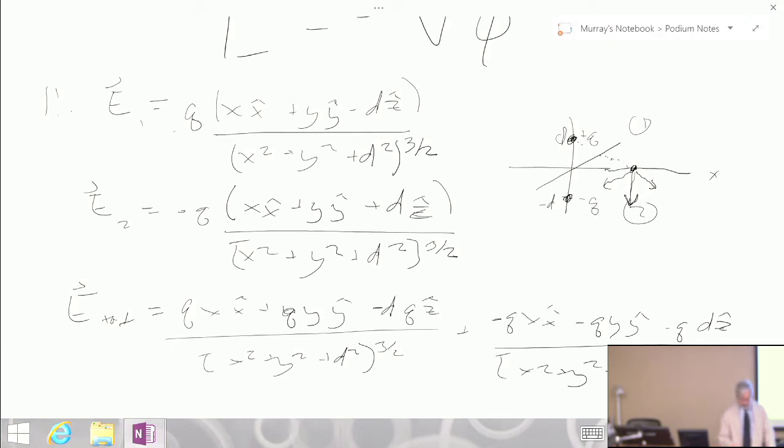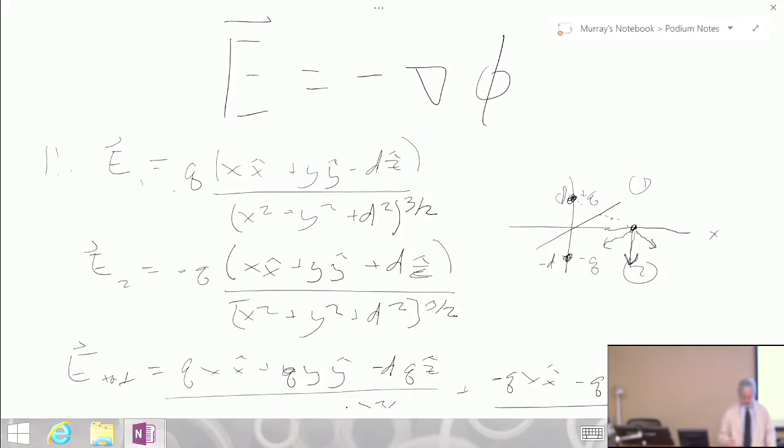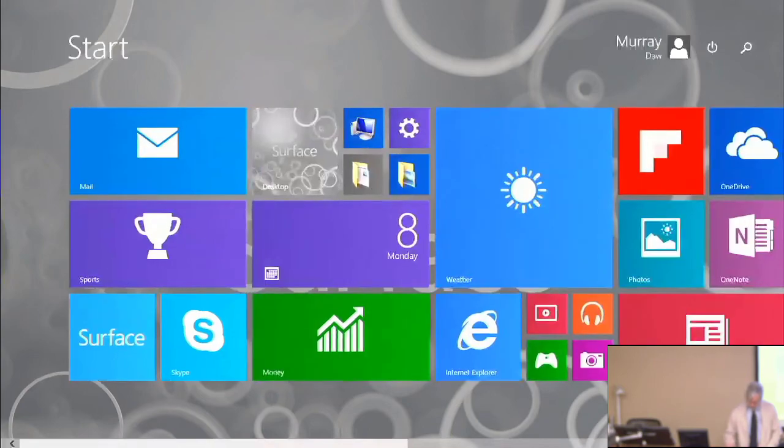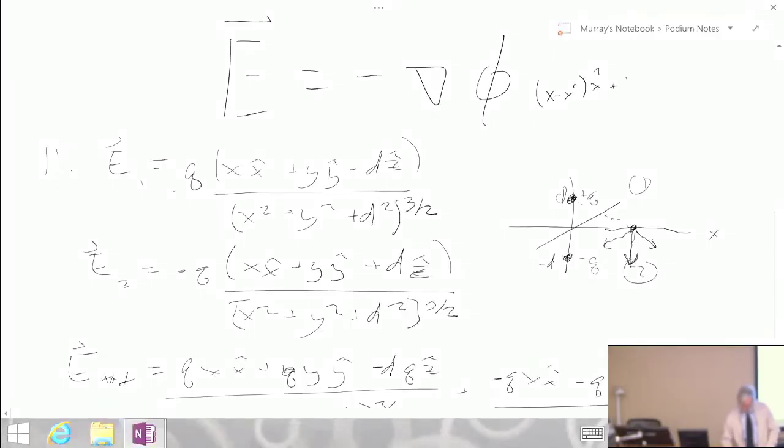Okay, so let's see. Up here, remember, the relationship is x minus x prime plus y minus y prime plus z minus z prime. This is in the numerator, right? So what is the x prime coordinate? That is the x of the charge. In both cases, it's 0, right? For both charges, and y prime, both 0.